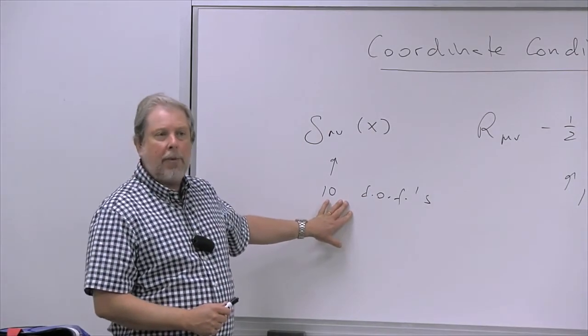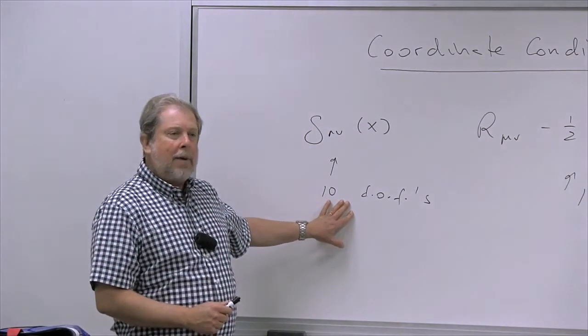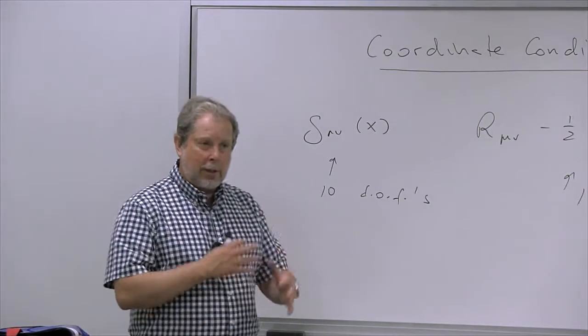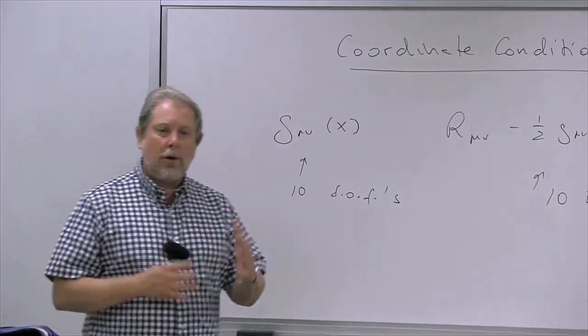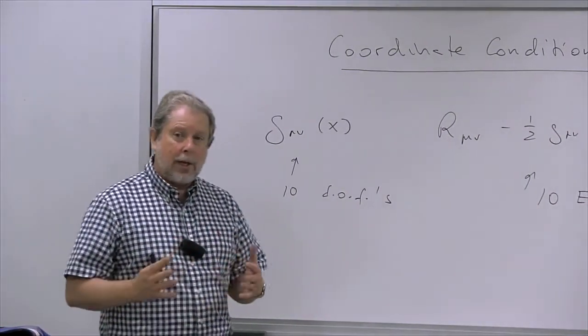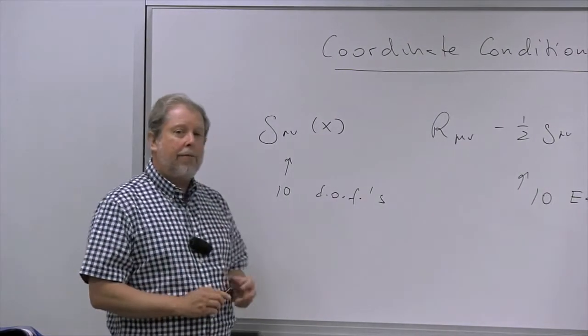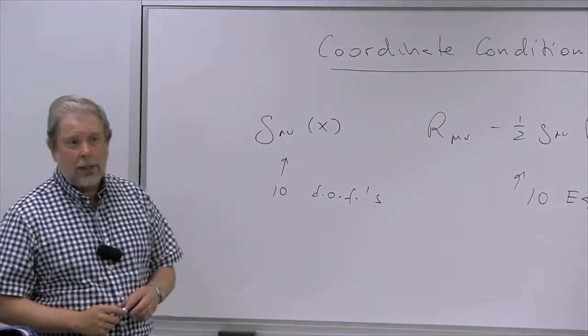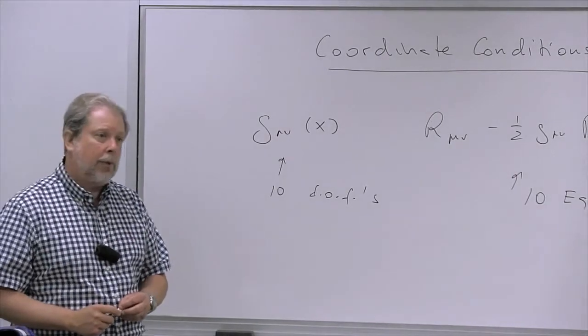So you have 10 independent components of the metric, but because you have all this symmetry in the theory, because of this general coordinate invariance, the actual number of physical degrees of freedom is much less. It's just 2, right?